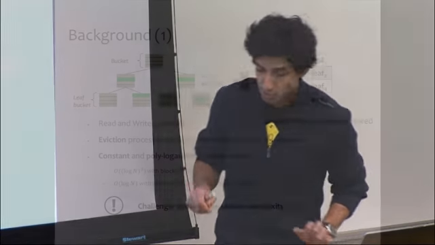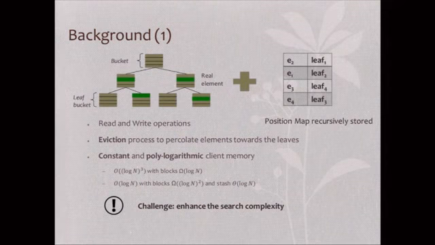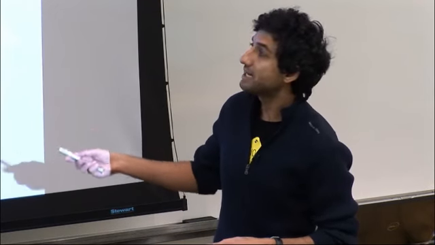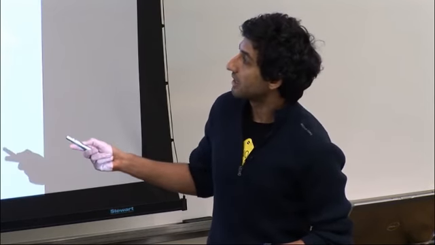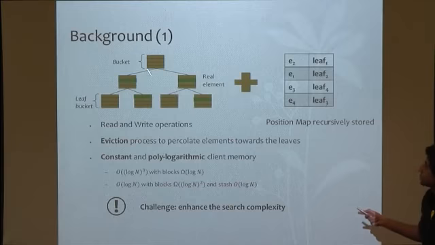To get more specific, one of the more efficient Oblivious RAMs in the literature are those called tree-based ORAM, where the data structure is constructed as a binary tree, and the blocks are in the nodes of the tree.